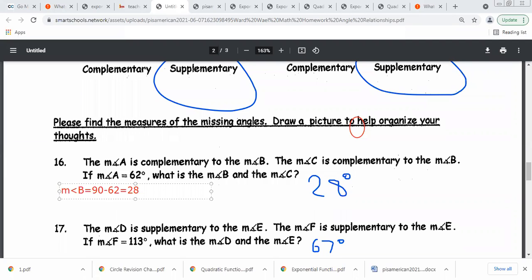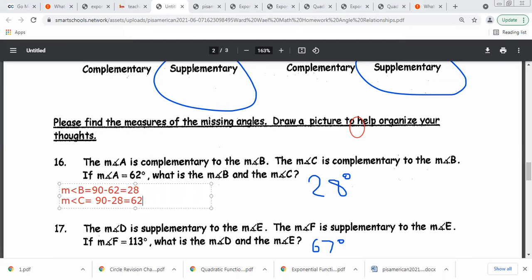And then he said that C is complementary with B. Then if I want to find the measure of angle C, C and B are complementary. So we will do 90 minus 28. Then the answer will be 62.